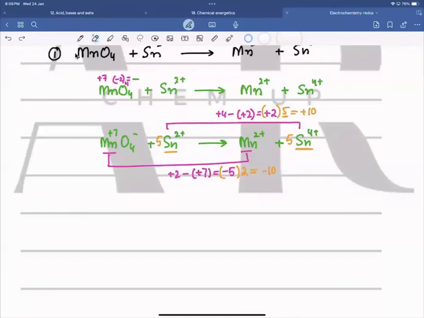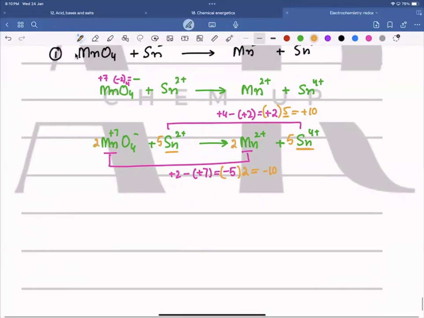Yes, sir. Okay. Here I have put 2 for MnO4 negative and Mn. So I'm going to put a 2 over here and over here. So now the change is balanced.